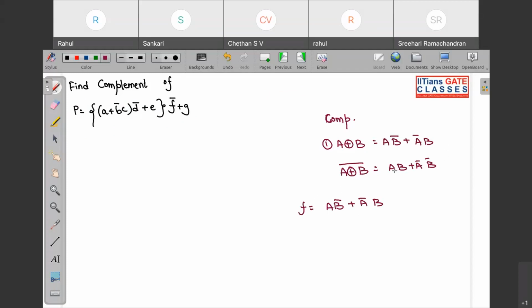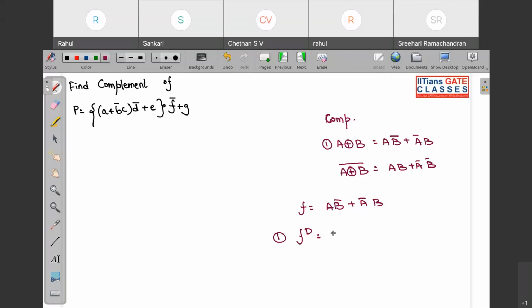We know that the complement will be XNOR, but using the help of the dual, I am going to show how to calculate the complement. First step in calculating the complement is to calculate the dual of the function for which you need to find the complement.